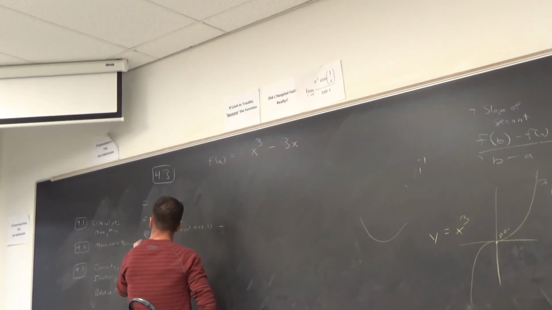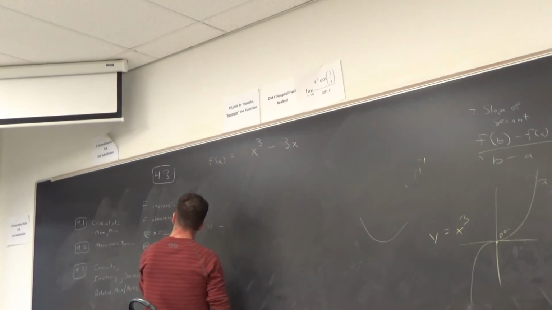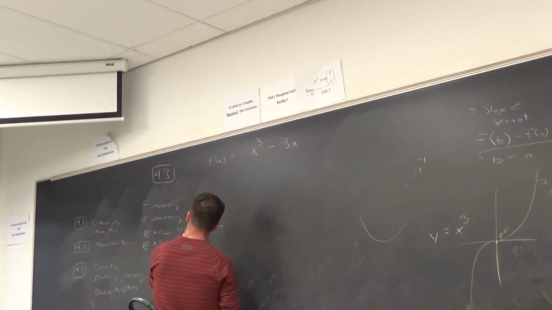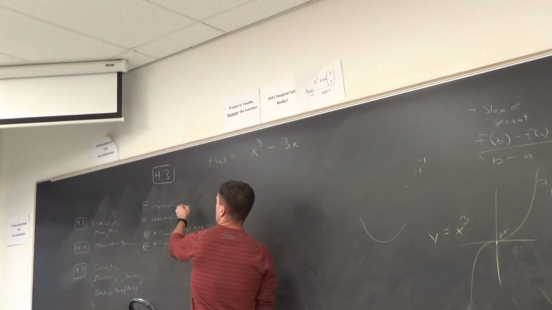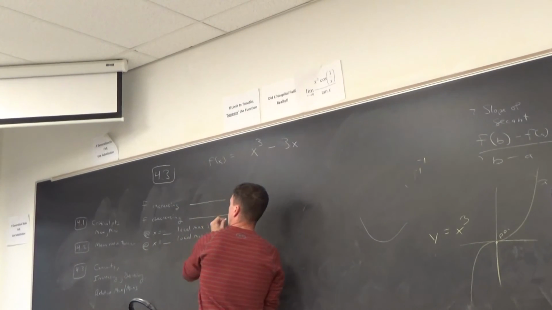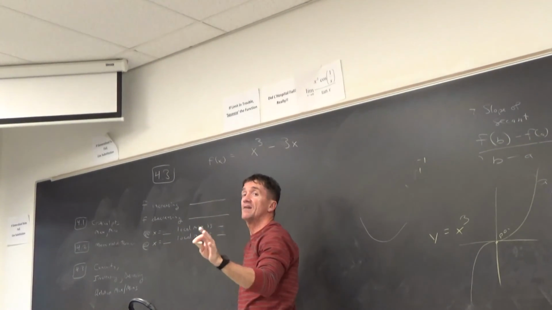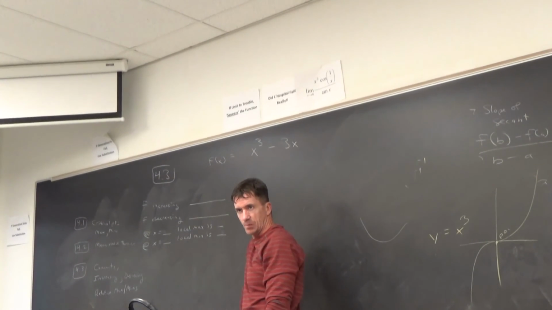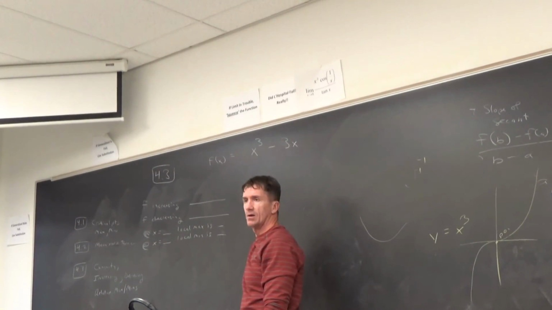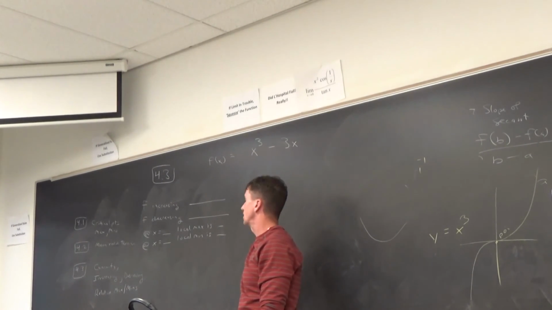At x equal to blank, local min is blank. Now in here we're going to put intervals. Where is f increasing? Notice I didn't say f prime increasing. I said where is f increasing, okay? We'll put some intervals down on that. We'll find all this.